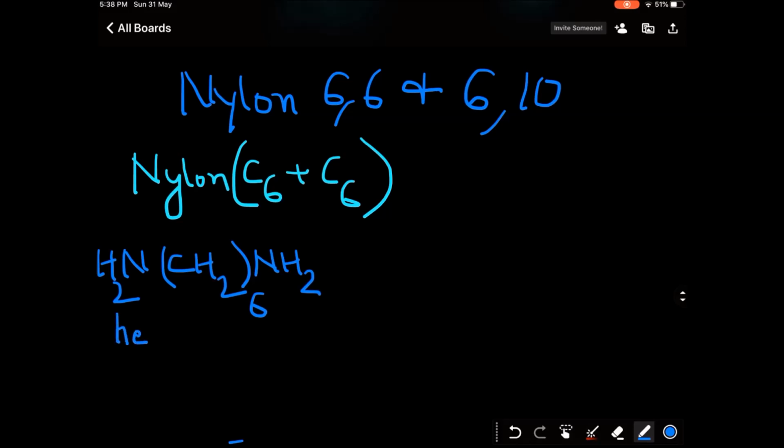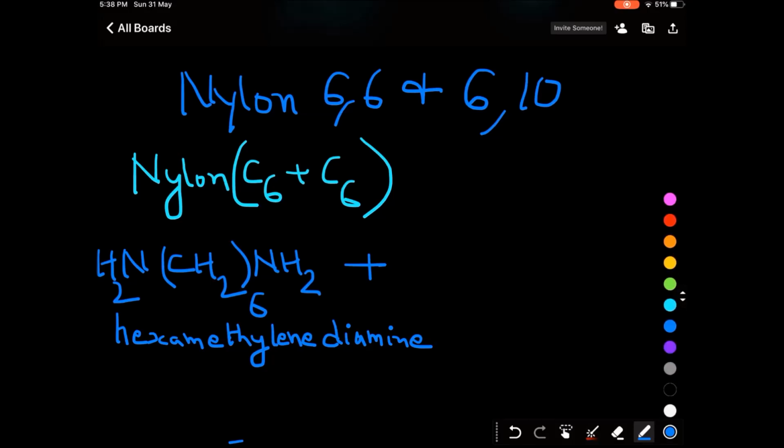This is called hexamethylene diamine, plus it reacts with another substance, that is a 6 carbon compound, that is dicarboxylic acid.